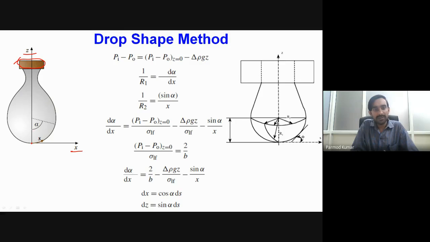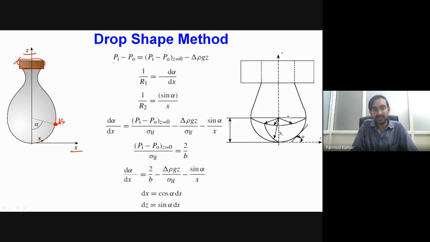If we take any arbitrary location on our surface, say a small elemental surface ds, it makes an angle alpha with reference to our z axis. To find the pressure at any point on this interface, we can relate it with the Young Laplace equation.